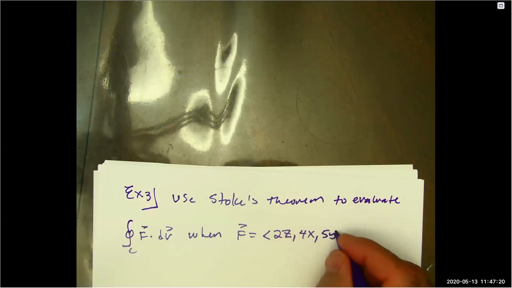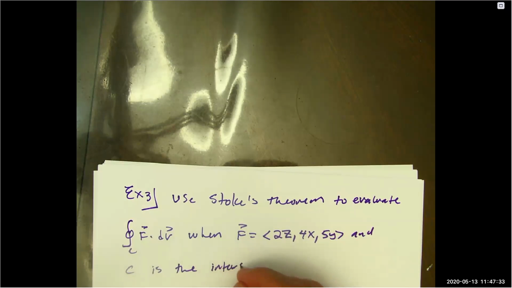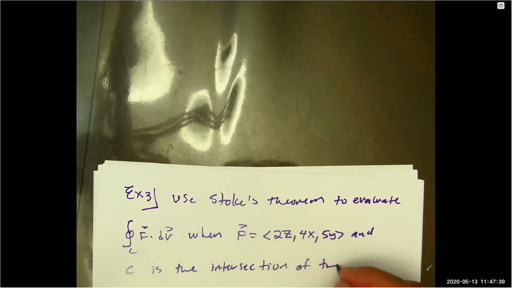Those are the component functions. And C is the intersection of the plane z equals x plus 4, and the cylinder x squared plus y squared equals 4, with counterclockwise orientation viewed from above.